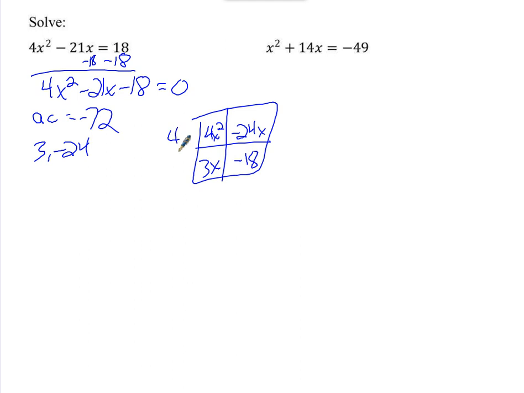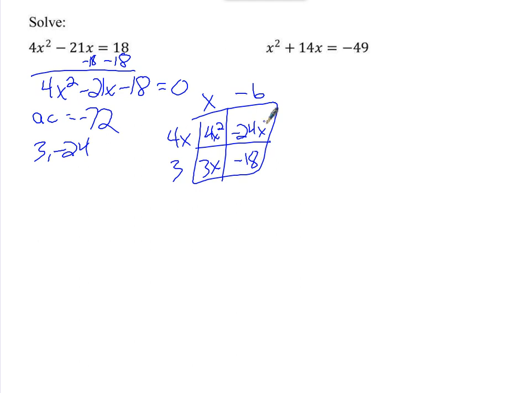Yes, it is 4x. And the bottom row? 3, good. And the first column is just x. And the last column? It's negative 6. The first box is negative, so it has to be negative.